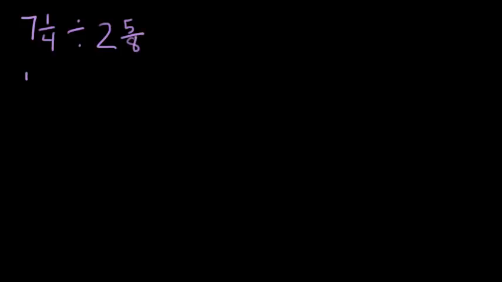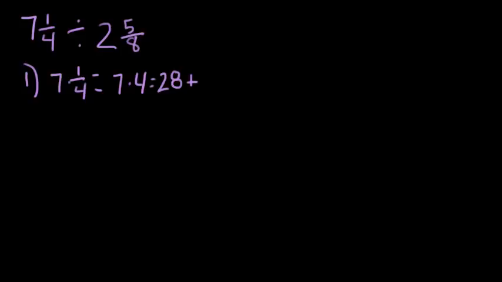So our first step is change the mixed numbers to improper fractions. So the whole number times the denominator will be 7 times 4, and that's 28.